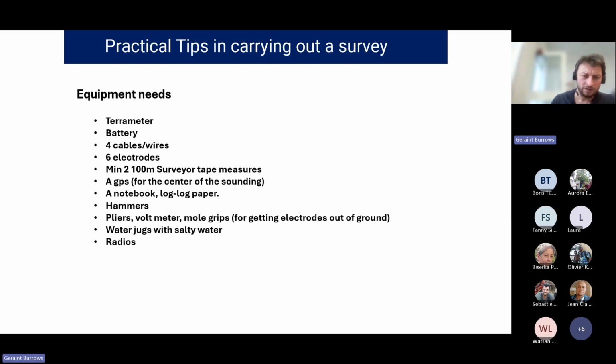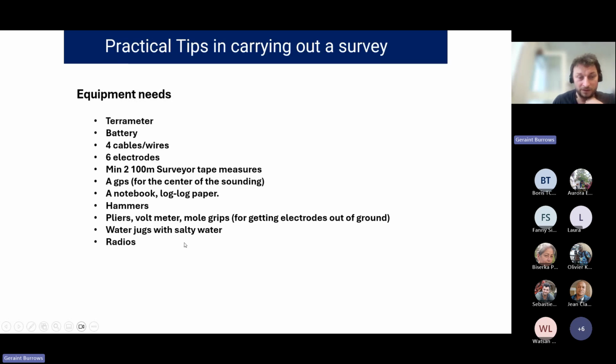And then various tools for measuring a current, mole grips for getting electrodes out of the ground, pliers and other electrical equipment to fix wires and connections.